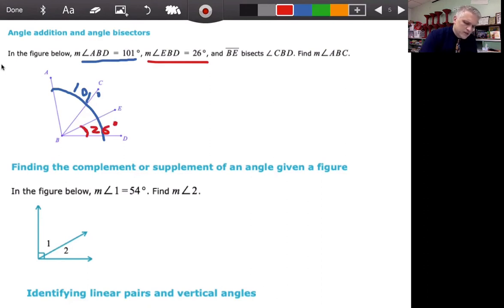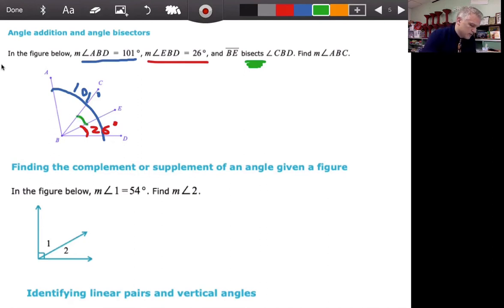And now it says something very interesting. Segment BE bisects angle CBD. So here's CBD and here's BE. BE cuts angle CBD into two congruent angles.